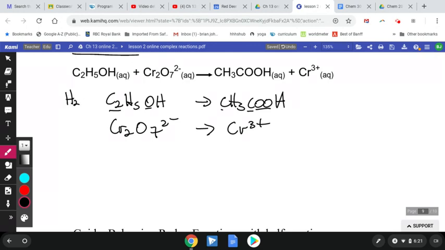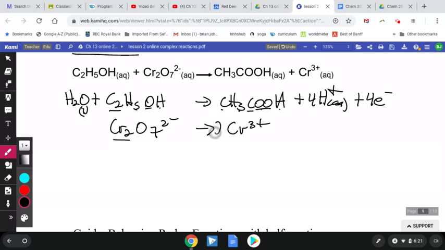So I need 1 water to balance the oxygens. Now I have 8 hydrogen and 4. Okay, there's my 4 more hydrogens. So all of the elements are balanced. Now electrons, 0, 0, 0, 4 plus. So this one's easy. 4 minus. Okay, first reaction done.